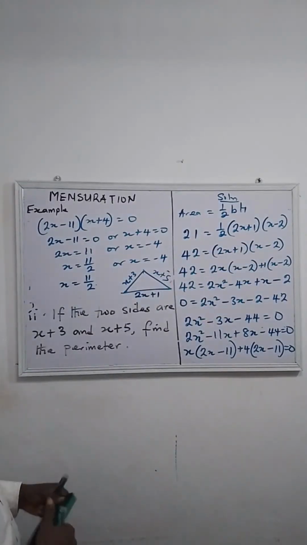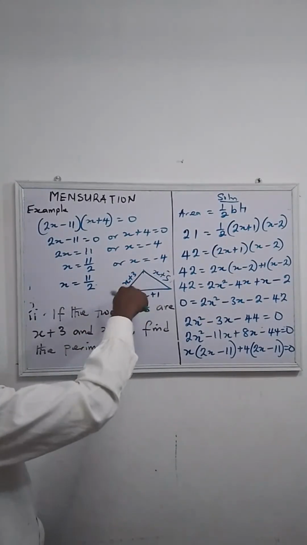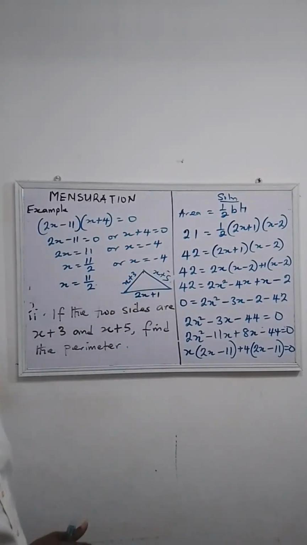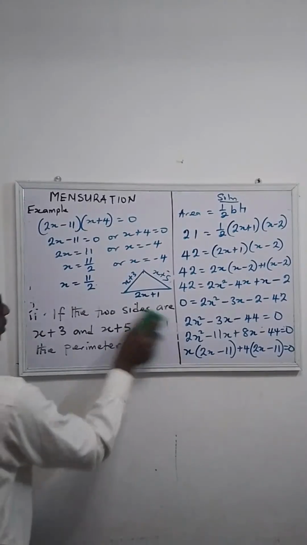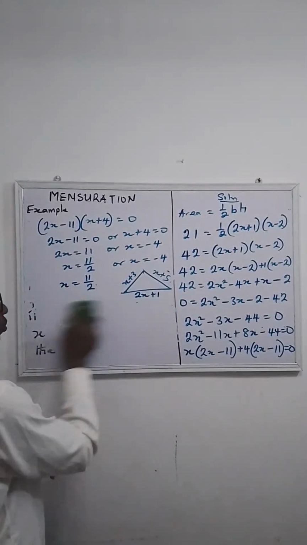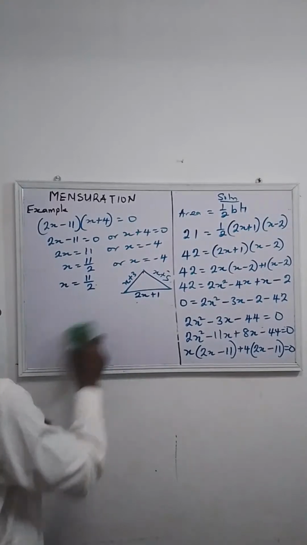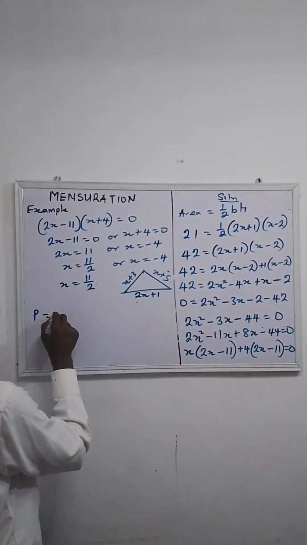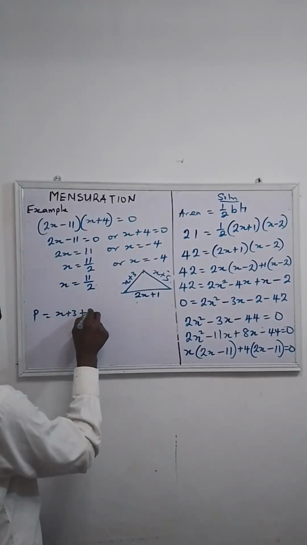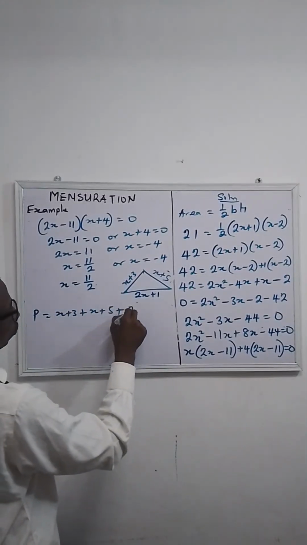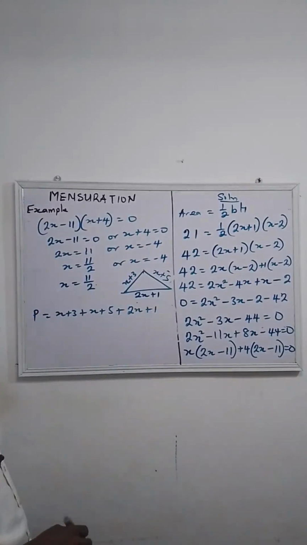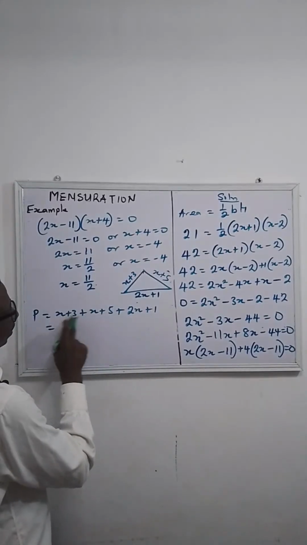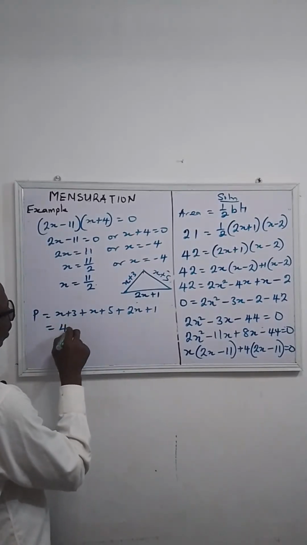Okay, so now to find the perimeter of this triangle, we add this and this and this together. That is all the perimeter. So now let's add, because the question wants us to get the perimeter. So we now say perimeter of this triangle is x plus 3 plus x plus 5 plus 2x plus 1. Okay, so now let us add the x together. When you add this and this together, you have 4x.